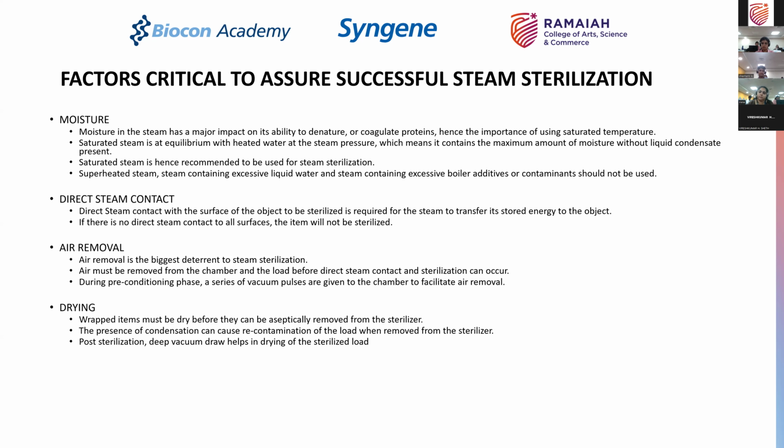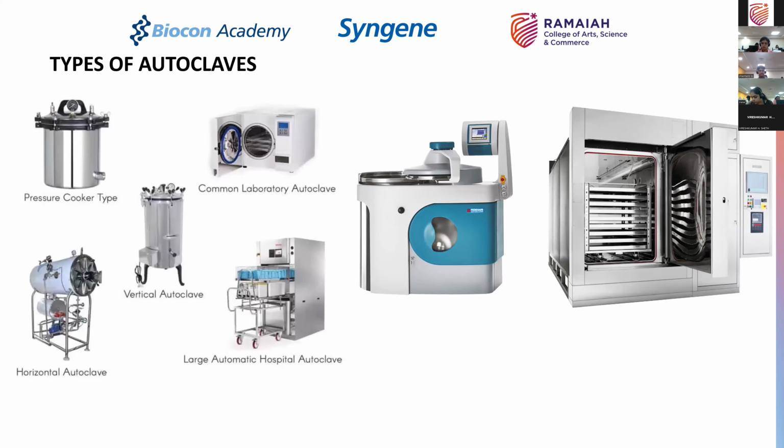Now, what autoclave to buy is based on the process that you're following in autoclaving. So when I come to the type of autoclaves, and this is going to be my last slide for today's lecture, because I'm going to spend more time explaining each type of these autoclaves in the next session. But I'll give you a sneak peek into the different types of autoclaves.